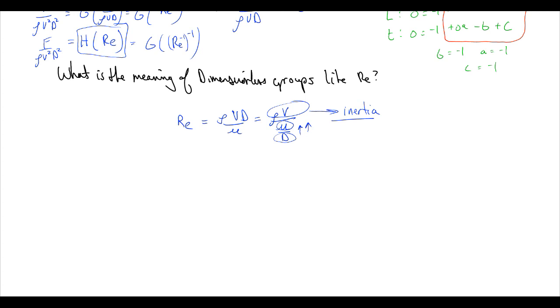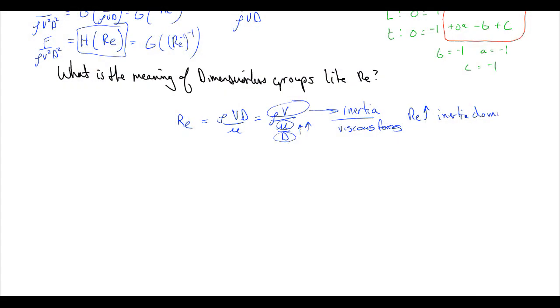So large Reynolds numbers suggest that inertia dominates, and low Reynolds numbers suggest that viscous forces dominate our flow. And this is why Reynolds number is so dang useful for characterizing flows and why we use it so often, and why if you're in an interview and you're stuck, you say, what's the Reynolds number range? People are going to be like, this guy, he gets fluids.